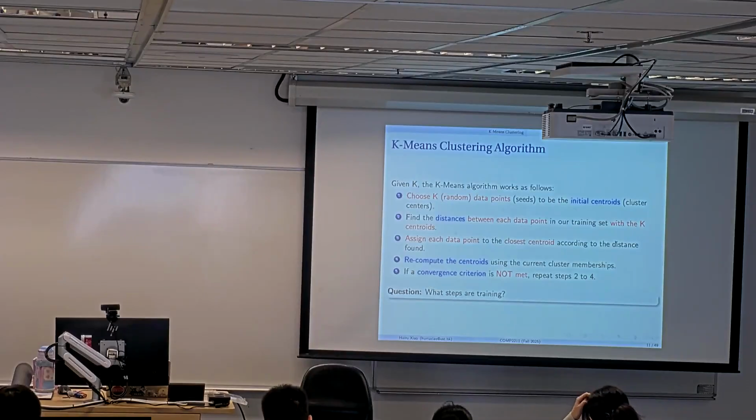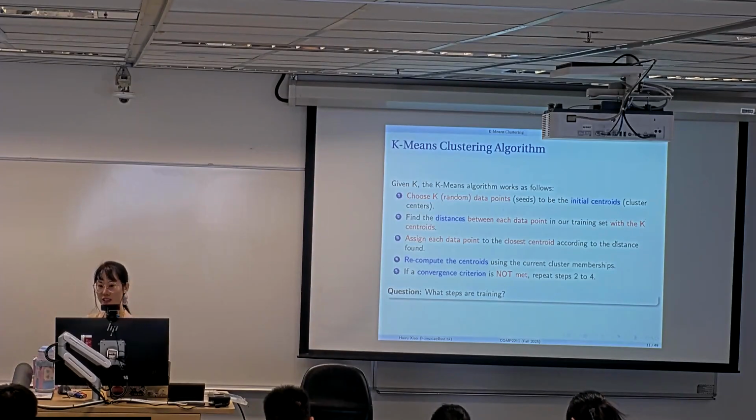Basically, we update clustering results and centroids in turns, alternately, until some convergence criteria is met. Later on, I will talk about what this convergence criteria is. But the algorithm just runs like this. So this is the k-means clustering algorithm.